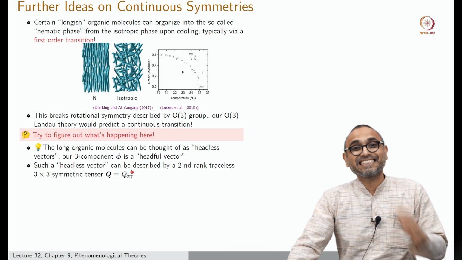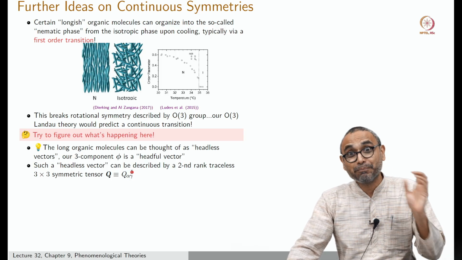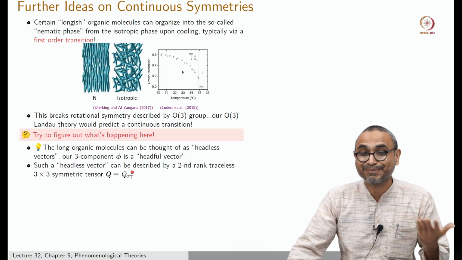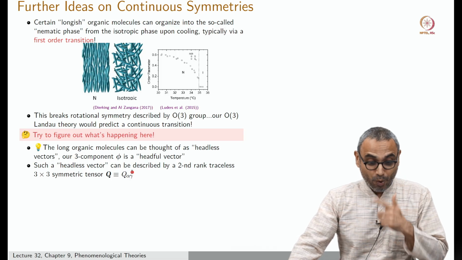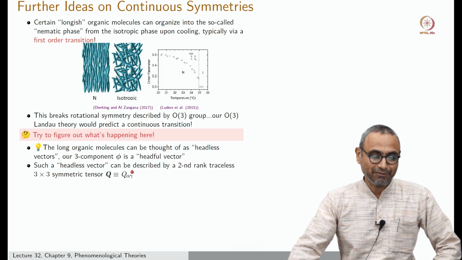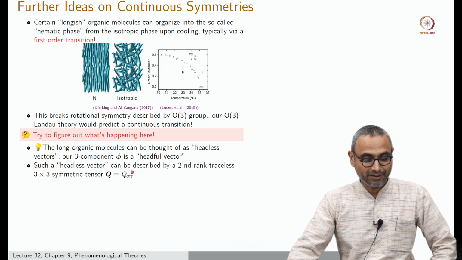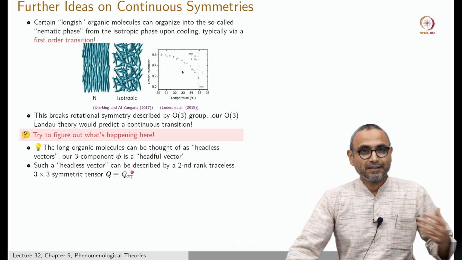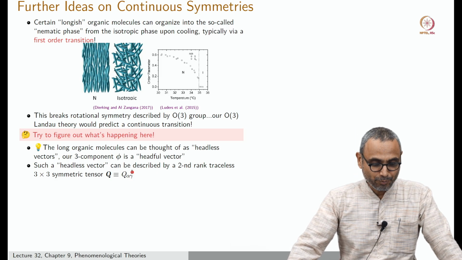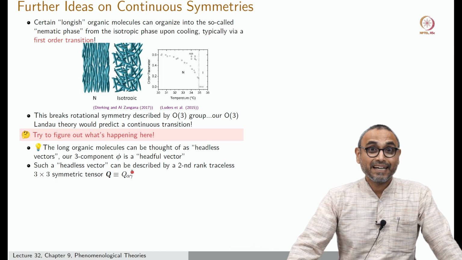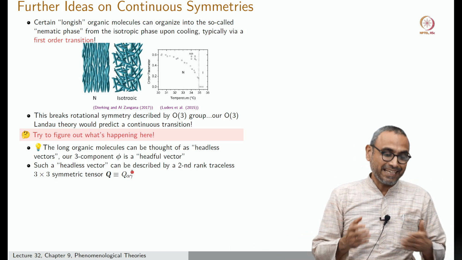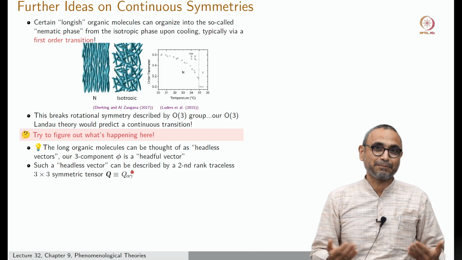The claim is that such an object describes an emergent field of headless vectors. Why this is the case, I will not have time in this lecture to discuss, so you can think about why that would be the case. So the first thing is we have identified the emergent field as this second rank symmetric tensor.